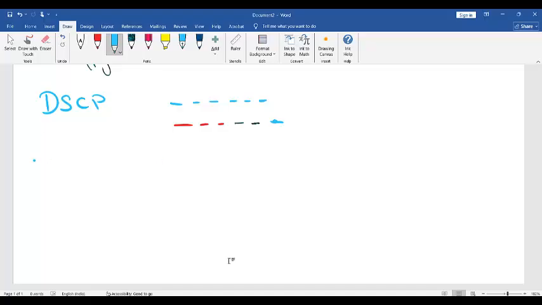Now from where does this word come, differentiated service? Why is it called differentiated service? Now, in general, QoS is of 3 types. One is FIFO, you know that, first in, first out.